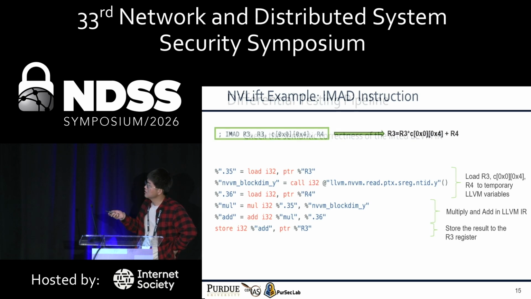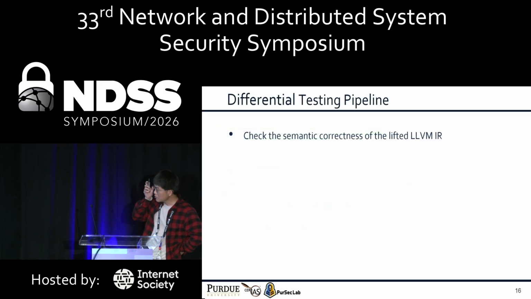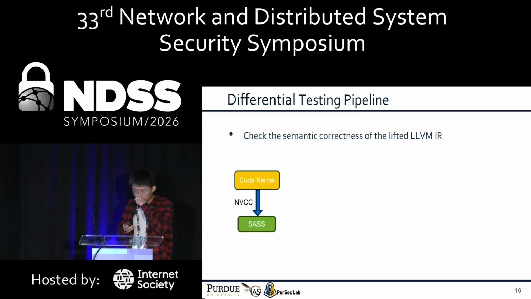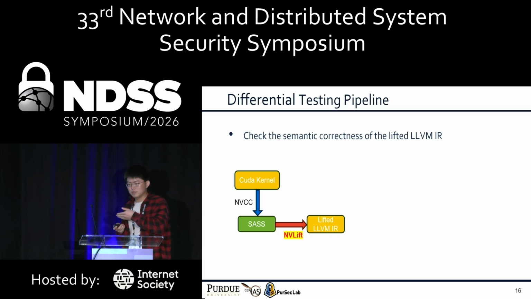After lifting, we have the lifted IR, but we don't know if it's correct or not. So we propose a pipeline to check the correctness by differential testing. Firstly, there is a CUDA kernel, and we use NVCC to compile it to SASS. Then our NVLift will lift it to the lifted version of LLVM IR.